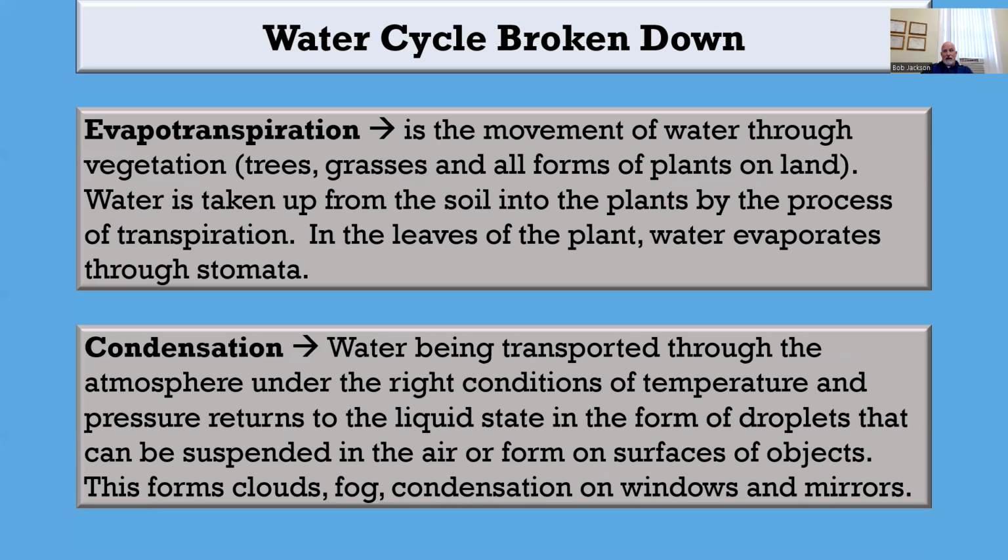Well, that water's been taken up through their roots. As that water moves up through the tree to the leaves, in the leaves you have stomata, and that water can leave the leaves. And that's where evaporation occurs into the atmosphere. So you call that process evapotranspiration. That way you're tying it to water that's moving through vegetation on Earth.